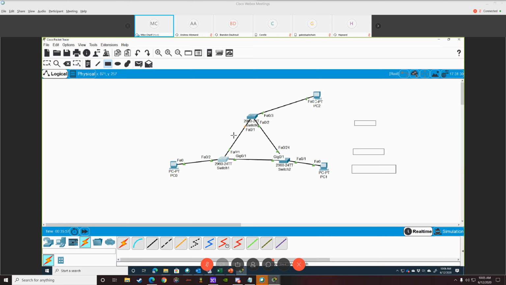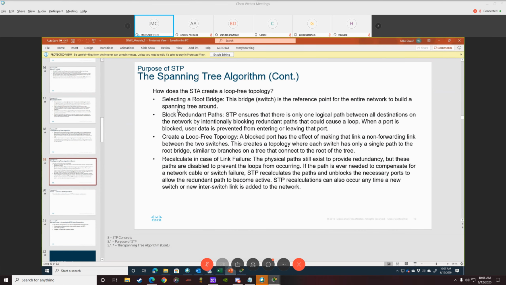So they're going to elect a switch to act as the root bridge. For a switch to be a root bridge, it has to meet some criteria, and that's what we're going to talk about. Selecting a root bridge: this bridge is going to be a reference point, because with that reference point we can make a choice about which side we need to block and which side we need to open.